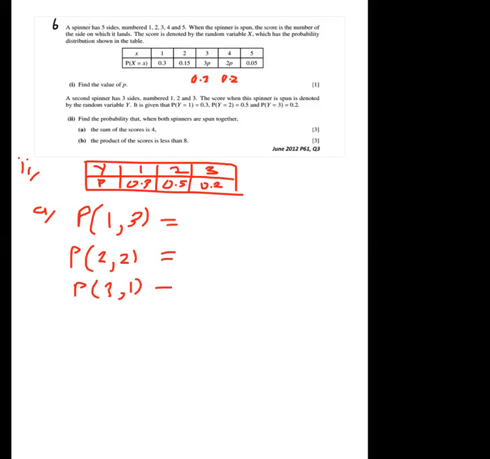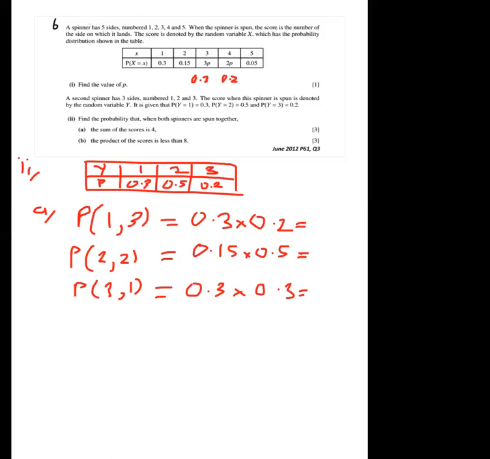Now find the probabilities for all of them and add them up. So for the first one, probability of 1 and 3. So 0.3 times 0.2. 0.3 came from here, 0.2 came from here. For the second, 2 and 2, so 0.15 times 0.5. For the third, 3 and 1, so for 3 we had 3 times 0.1, that is 0.3, and for 1 it's given 0.3 again. So we'll find these.